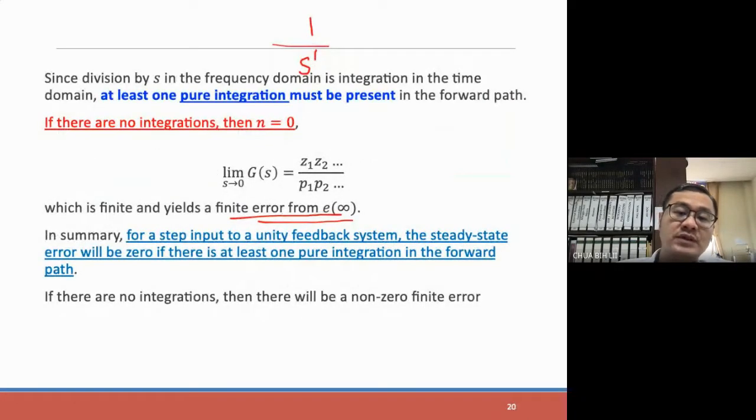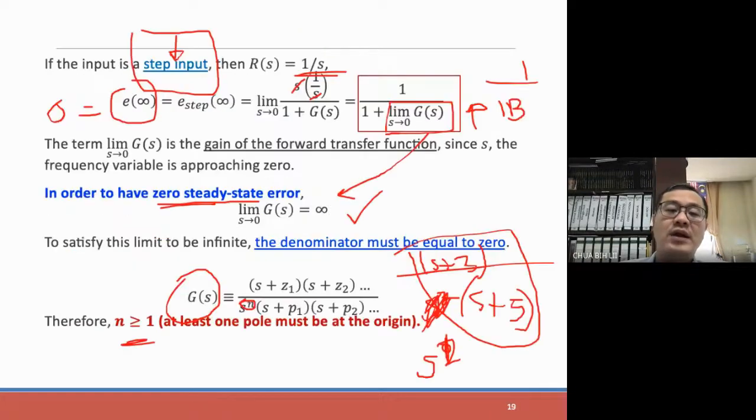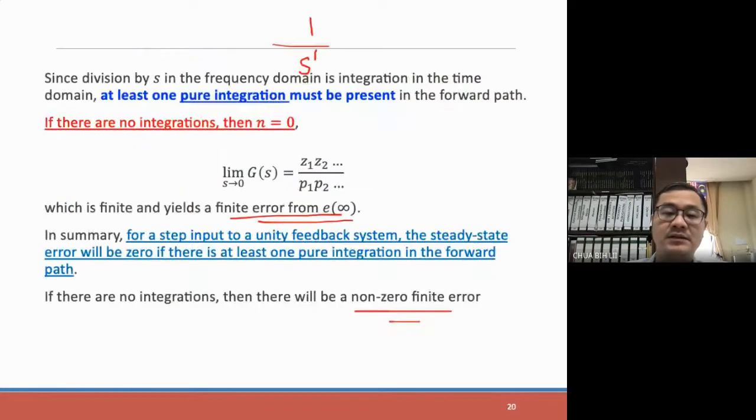So this is how the characteristics of the integrator in the transfer function, when we apply a step input, will result in different types of steady state error.